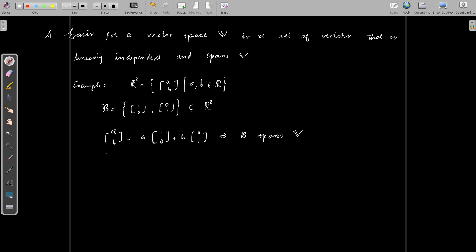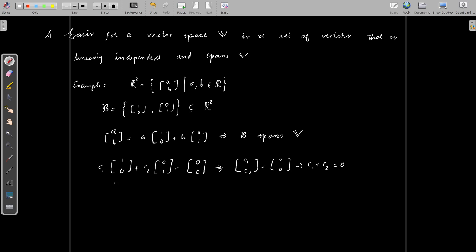Now we can verify the linear independence of these vectors. For that we assume the linear combination c1 times (1, 0) plus c2 times (0, 1) is the zero vector. We will prove that the coefficients c1 and c2 are 0. When you add the left side, you get the vector (c1, c2) equal to (0, 0). From this you get c1 equal to c2 equal to 0.